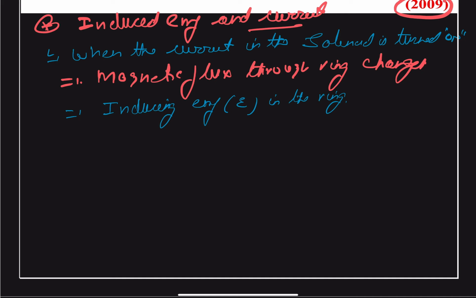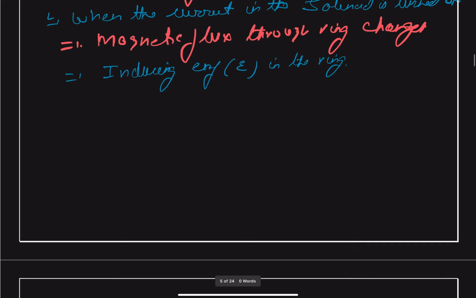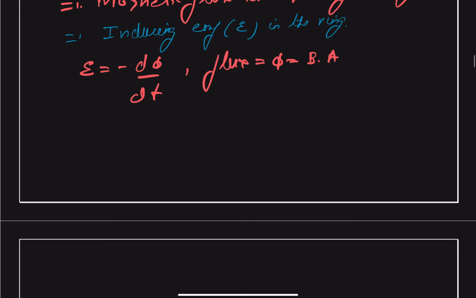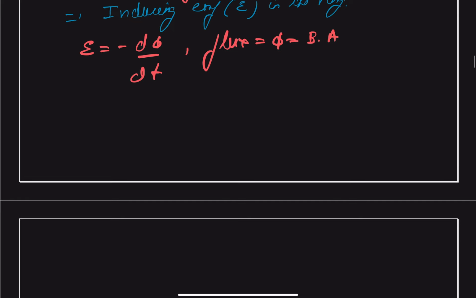This induced EMF, that is E, is equal to minus d phi upon dt, where phi is the flux. Also we know that the flux phi is equal to B times A, where A is the area of the ring and B is the magnetic field, and there will be an induced current in the ring.